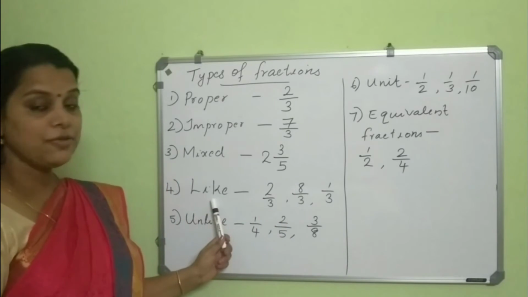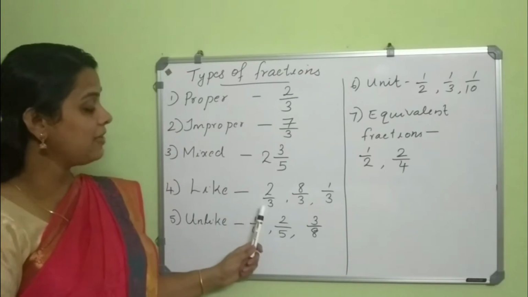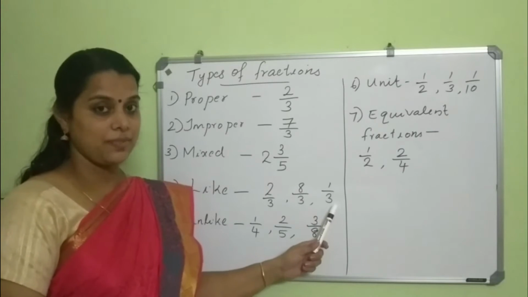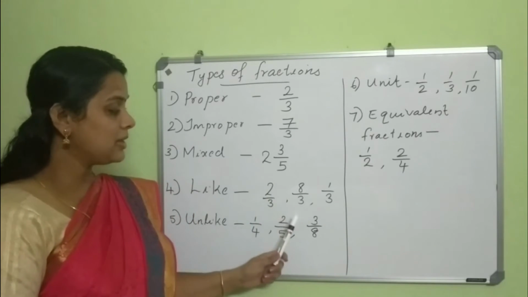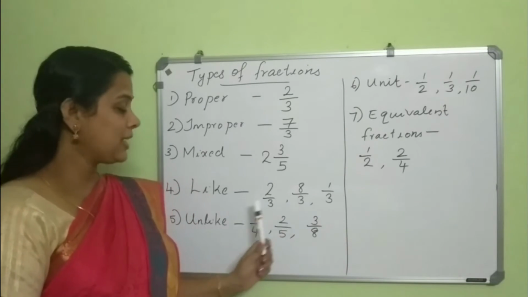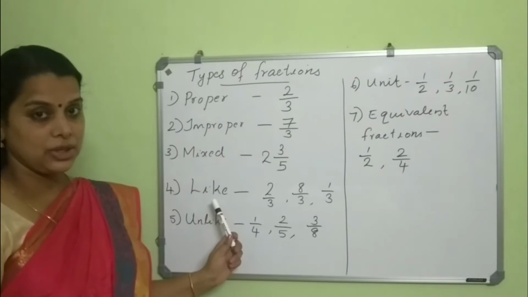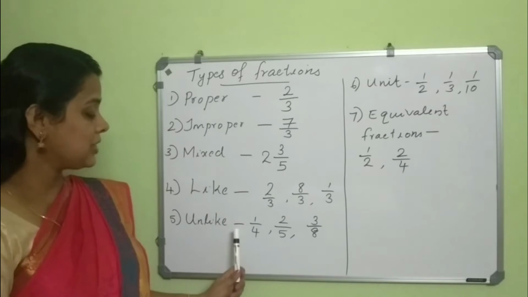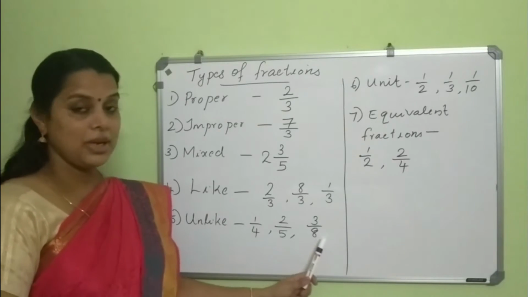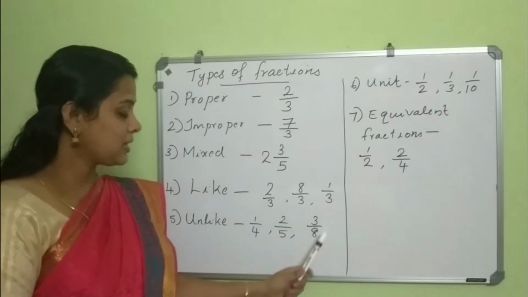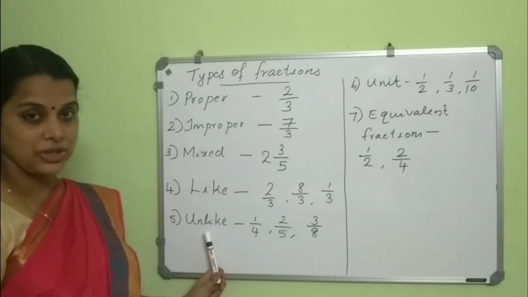Next is like fractions. Fractions having the same denominators. See 2 by 3, 8 by 3, 1 by 3. These fractions are called like fractions. Now, fractions having different denominators are called unlike fractions.